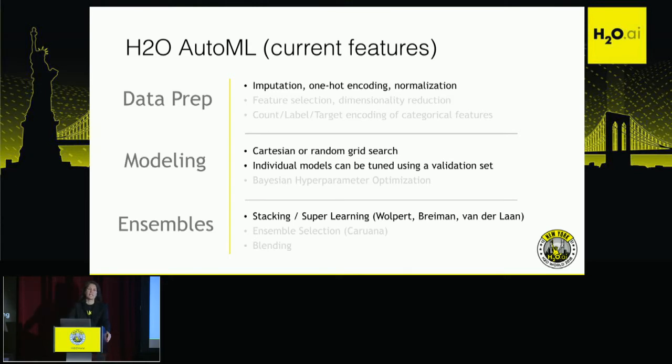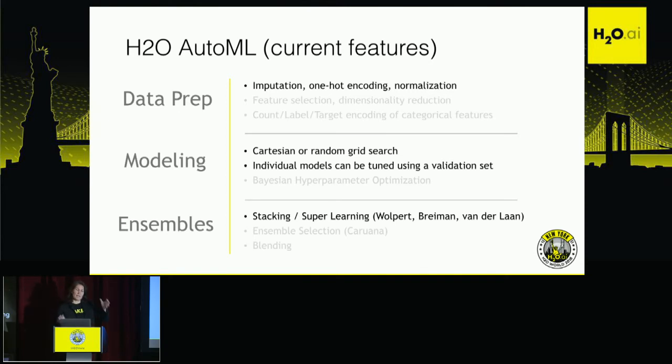So this is basically what H2O AutoML has in it, of this wide set of things that I've named so far. In terms of data prep, we have some basic stuff that makes your life a little easier: imputation, one-hot encoding, and normalization. And then we will be adding some basic target encoding as well. This is actually a category in which Driverless AI is very, very strong.